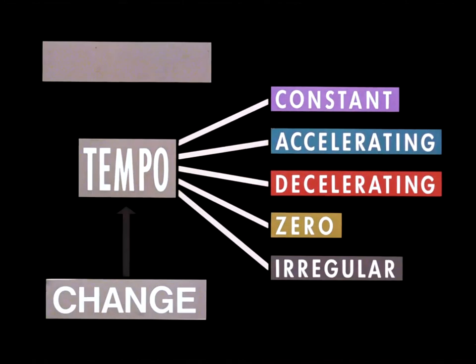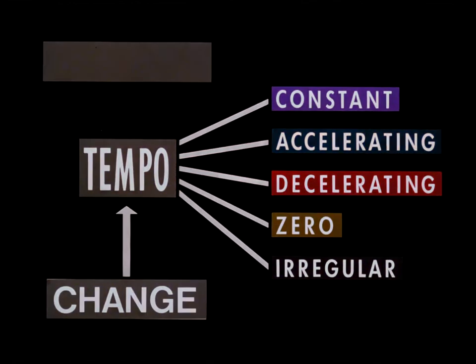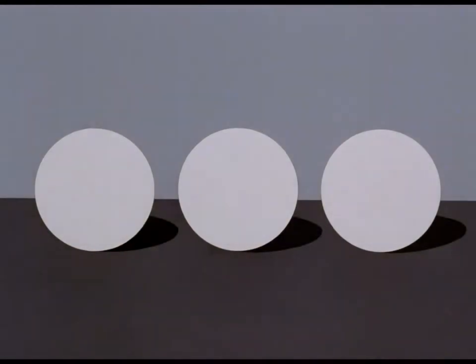All change must have a tempo and fall into one of the 5 categories. Its tempo depends upon the amount of difference between the 2 scenes and, more especially, upon the length of the mix. Here is a range of mix lengths.